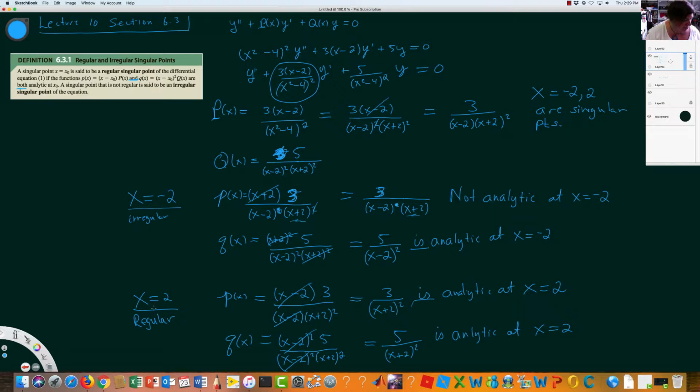And in fact, we're really not going to deal with anything where our singular points are non-zero. So we're going to look at singular points that are x equals 0. Anyway, it's just easier. But to do the rest of the work in this section, we're not going to deal with irregular singular points. But you need to know how to test your equation for singularity.